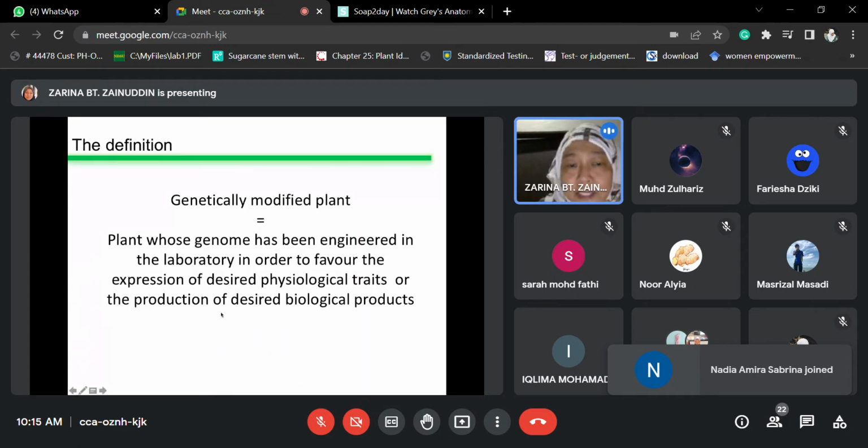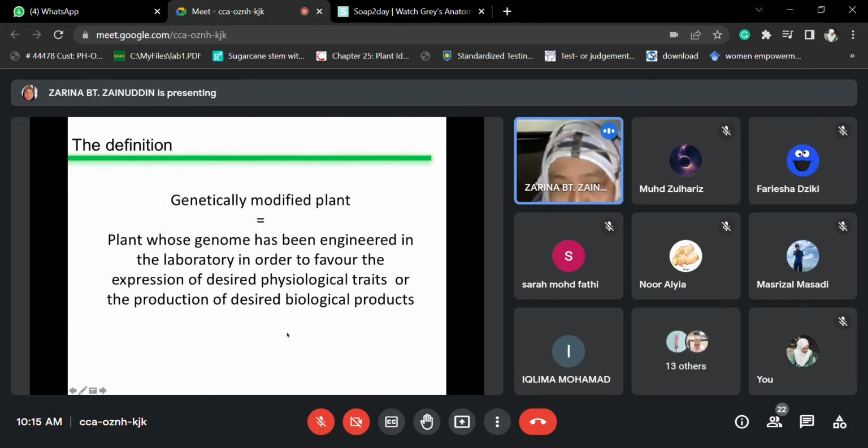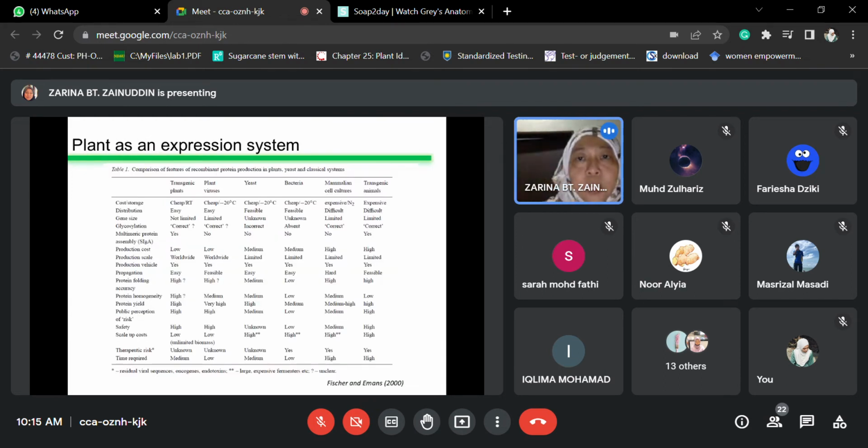All right, so like I said, plant can be used as an expression system. Plant can be used as a factory to produce many biological products. But I would like to compare with other systems. For example, you can use yeast to produce biological products. You can also use bacteria to produce compounds, enzymes, vaccines.